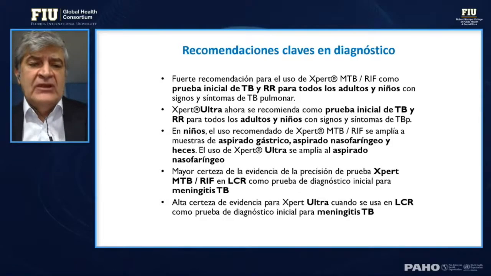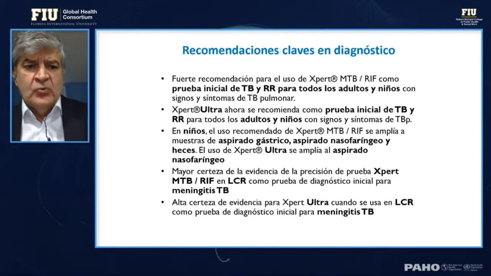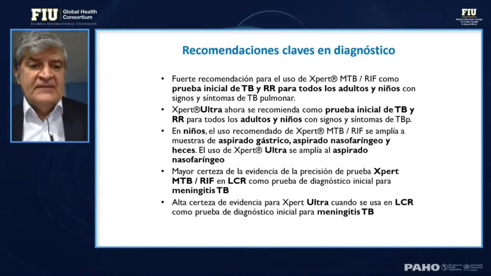With regards to the diagnosis, a key element now is that the initial diagnosis in children as well as in adults of pulmonary TB must be done with molecular methods. The Xpert is recommended as an initial test for these cases of TB and also for the initial detection of resistance to rifampin.